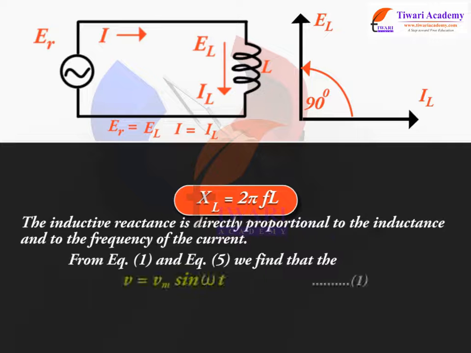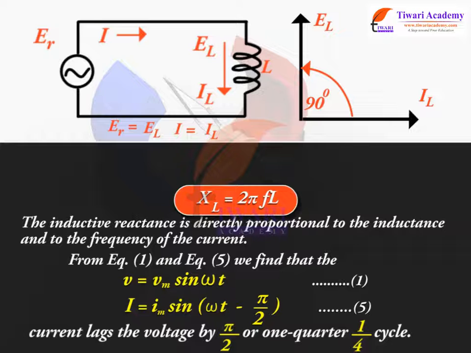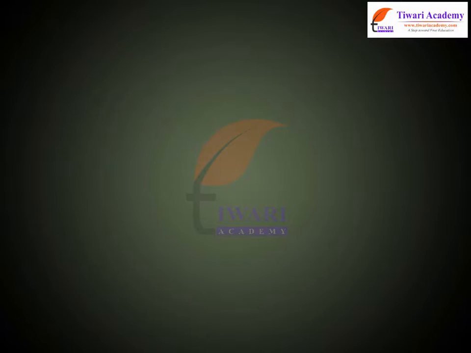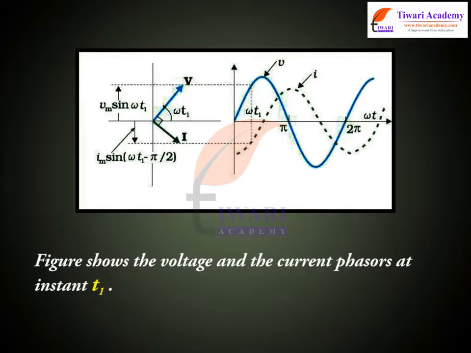From equations 1 and 5, we find that the current lags the voltage by π/2 or 1/4 cycle. The figure shows the voltage and the current phasors at instant t1.